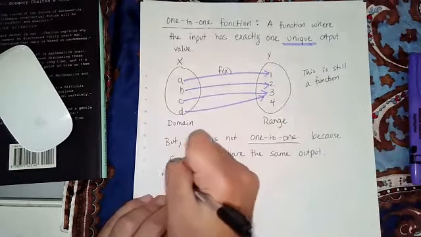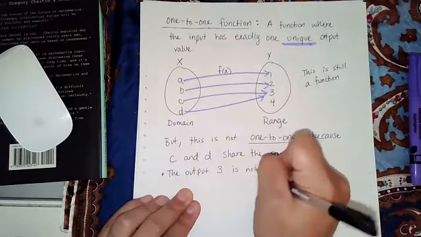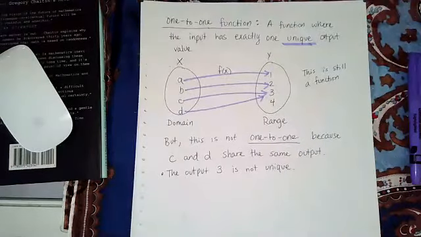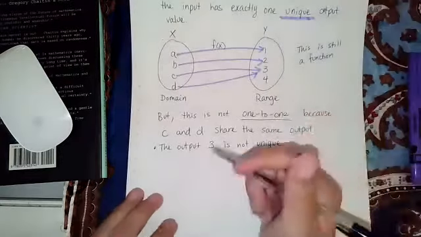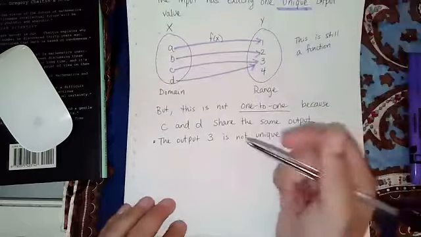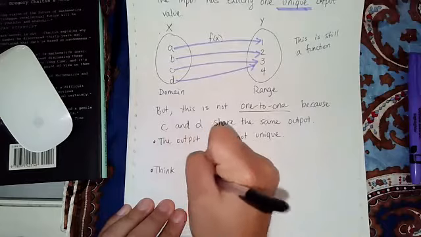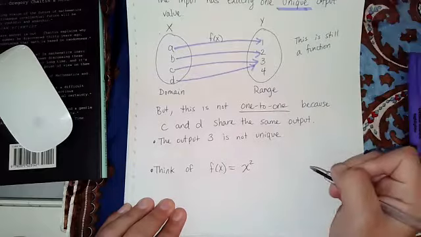So in other words, the output 3 is not unique. If we were to look at a particular graph, that's a really good illustration of this. Let's think of the function x squared for a moment.